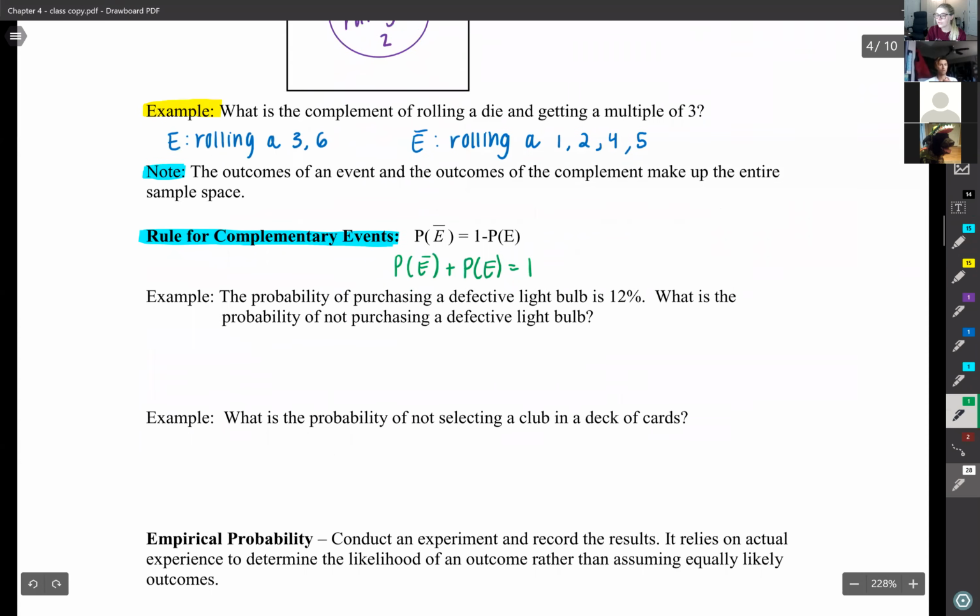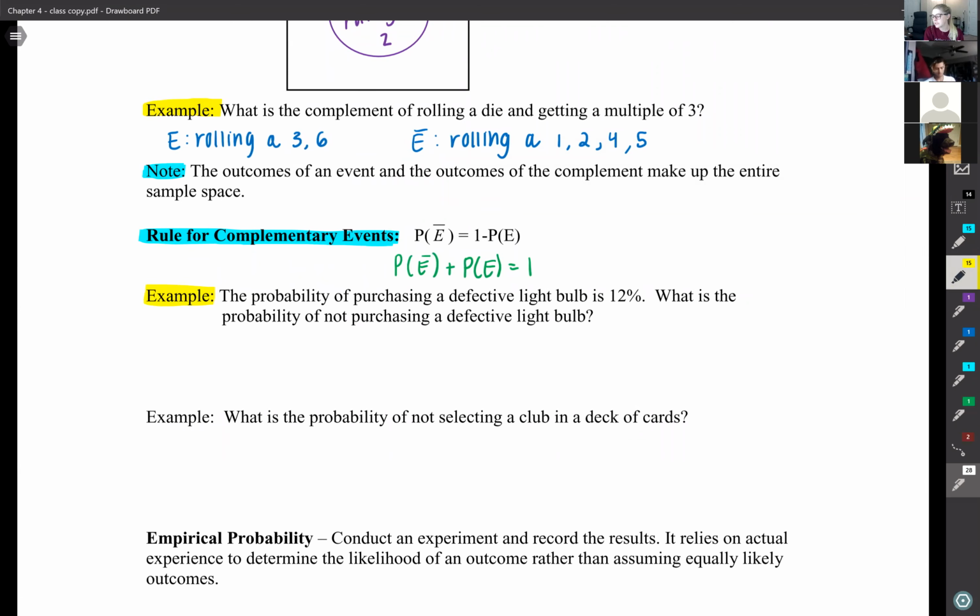Okay, so let's see why this is useful. So our example is the probability of purchasing a defective light bulb is 12%. What is the probability of not purchasing a defective light bulb? Okay, keyword not. So it's basically the opposite of purchasing a defective light bulb.